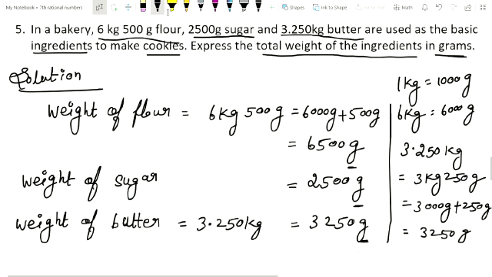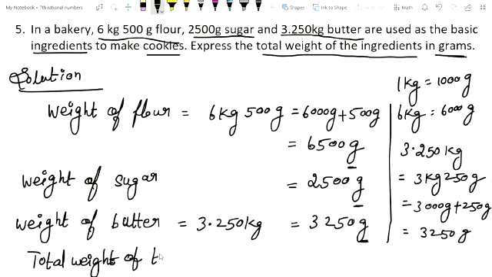So total weight of the ingredients equal to, add all those things. 0, 5, 2 plus 5, 7. 7 plus 5, 12, 2 remaining 1. 4, 4 plus 2, 6. 6 plus 6, 12.